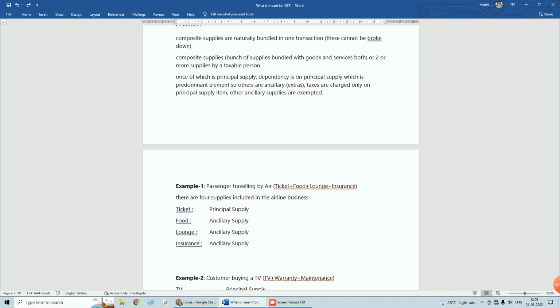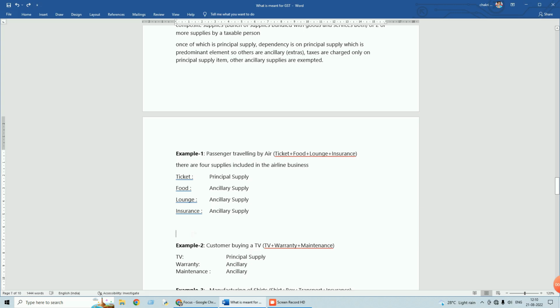Now what is the principal item? The ticket is the main item, so we treat this as the principal item. Food, lounge and insurance are treated as ancillary supplies. So from these 4 components he can charge only principal supply taxes to the end customer. All the others are exempted.